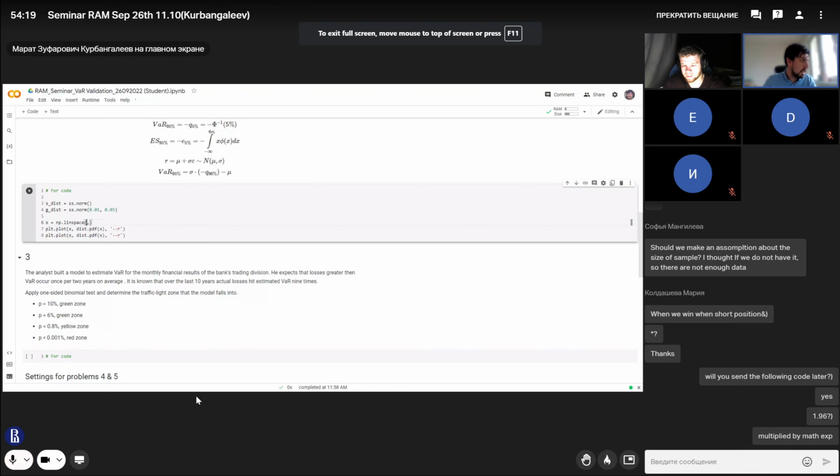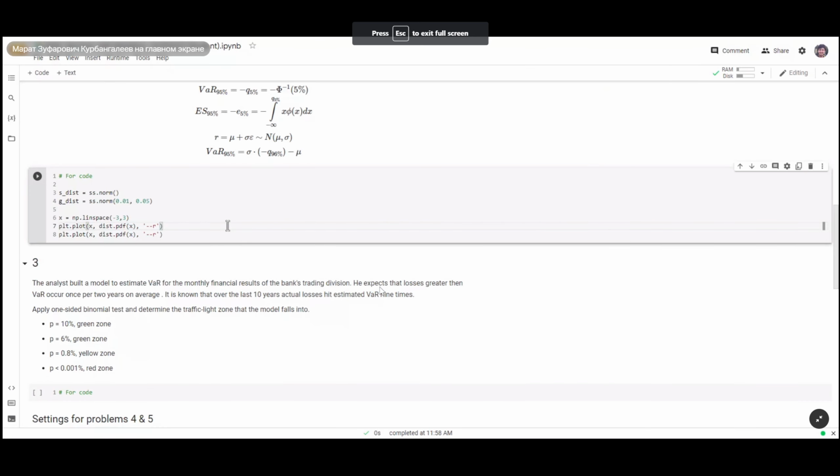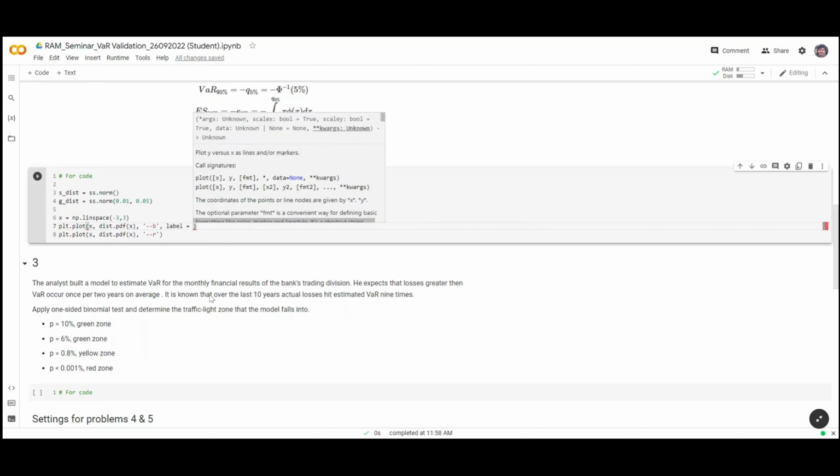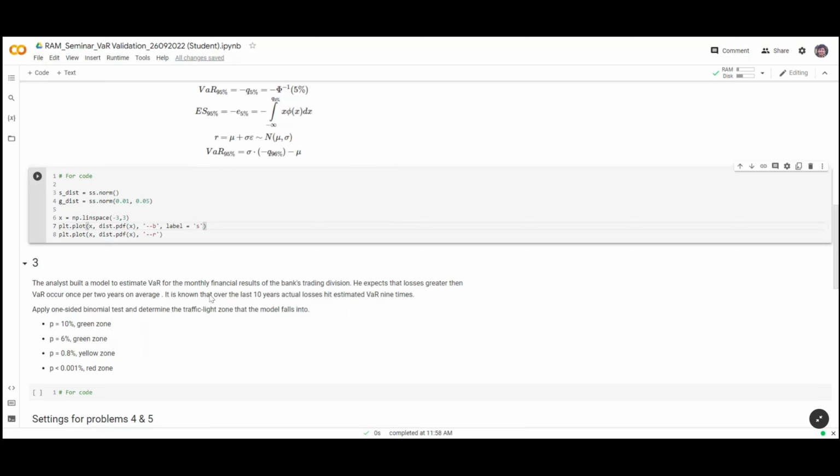I just change a little the limits of the linspace. What are the default parameters for norm? Mean 0, so location 0, scale 1. Okay, we will see right now when I plot all the lines. So I start with blue lines for the standardized distribution.